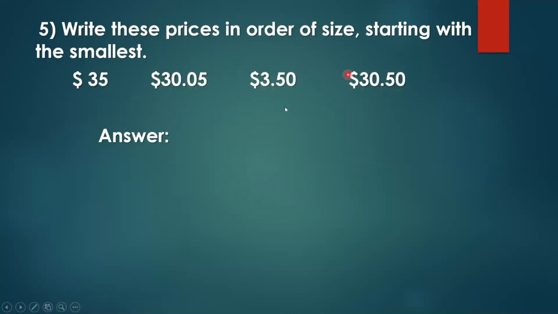So out of these two, the smallest is $30.05, followed by $30.50, and the largest one is $35. So the answer will be like this: $3.50, $30.05, $30.50, and $35. Is this clear?